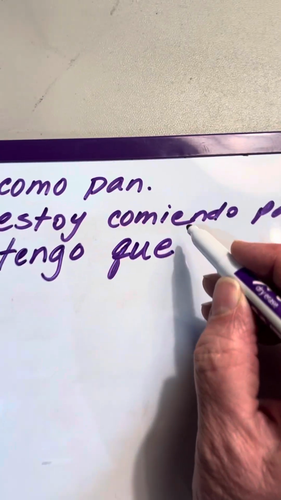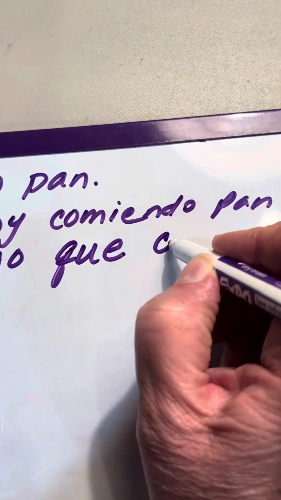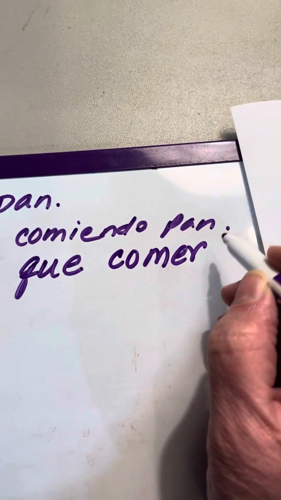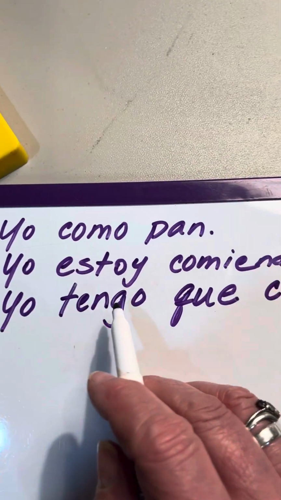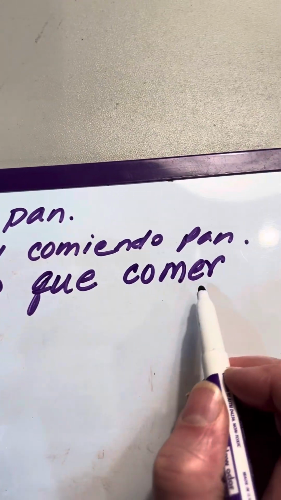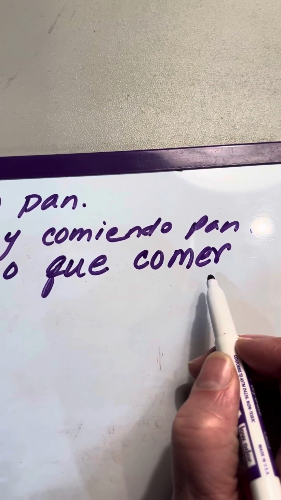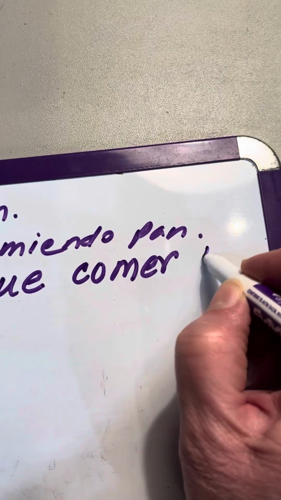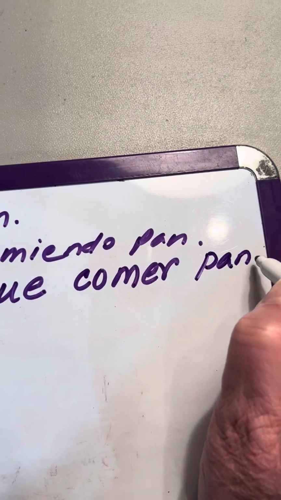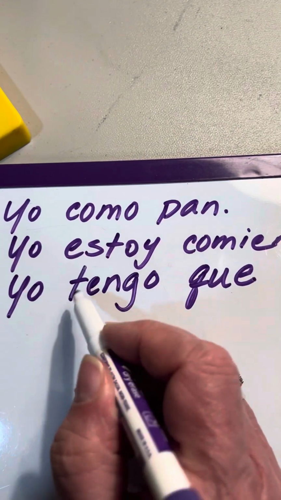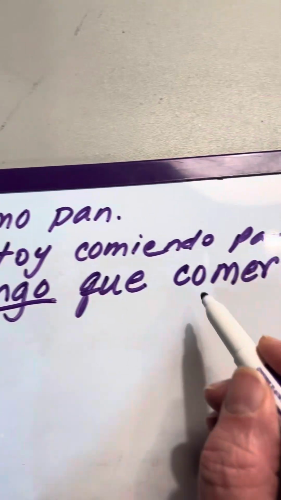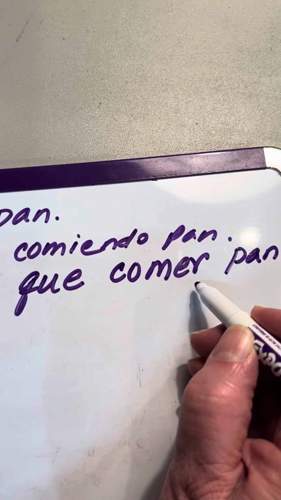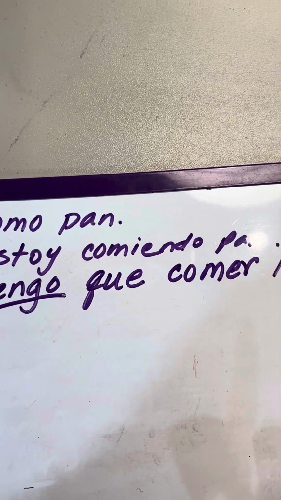So we're going to stick with our same verb. Yo tengo que comer. So I have that to eat. Now, we don't speak like that in English. We say, I have to eat pan. So your first one's conjugated. Your second verb stays in the infinitive form, just like in English. I have to eat.